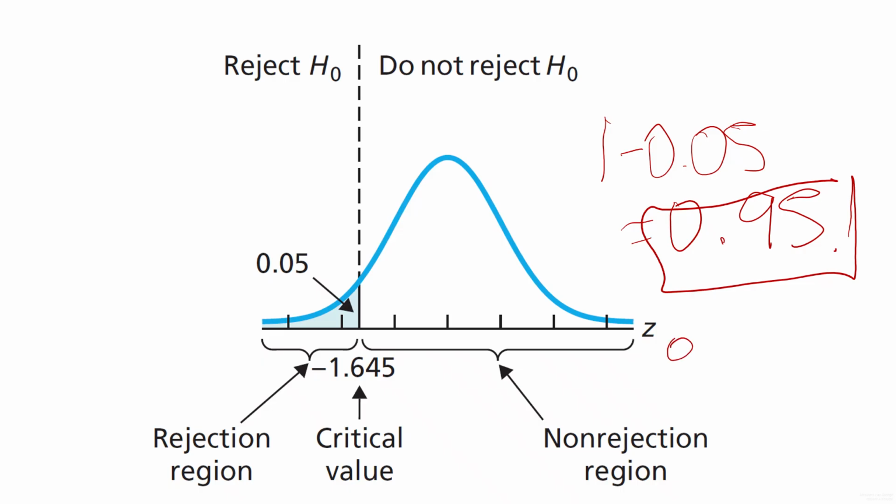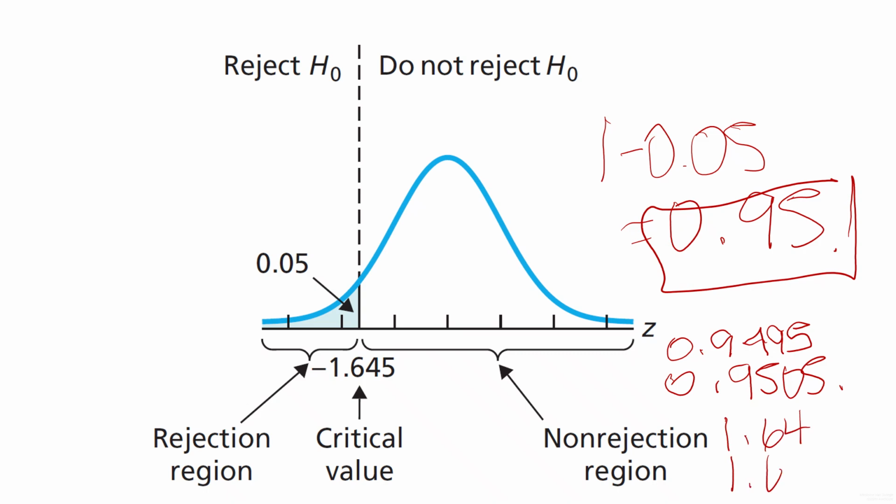So you're going to get 0.9495, and you're also going to find 0.9505. And so these translate to 1.64 for a Z-score and 1.65.